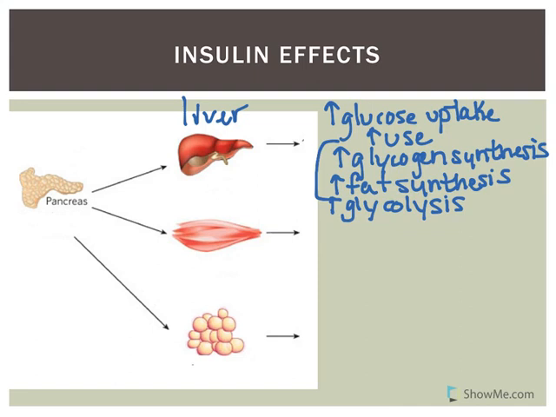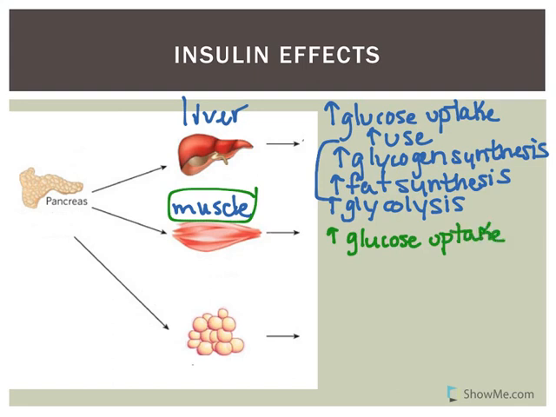Now in skeletal muscle, so this is skeletal muscle here, I'm going to change the color so you know. Okay, so we're doing this in green. It will increase glucose uptake. And the way it does it here is there are different glucose receptors, or I should say glucose transporters.